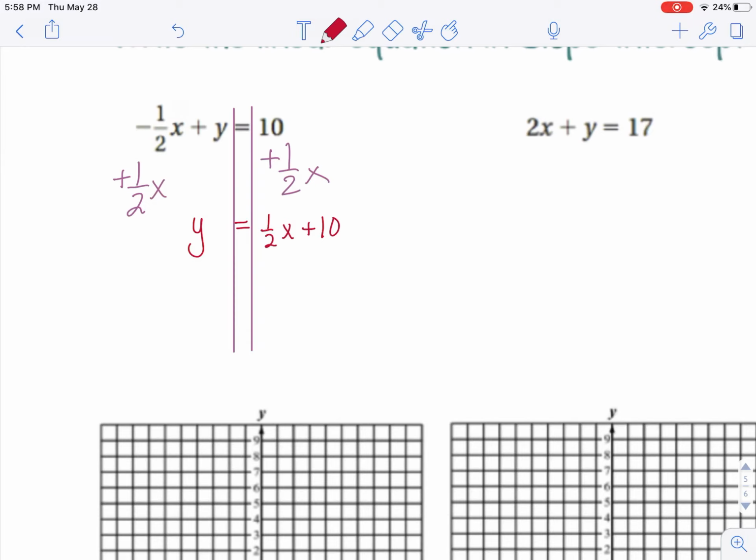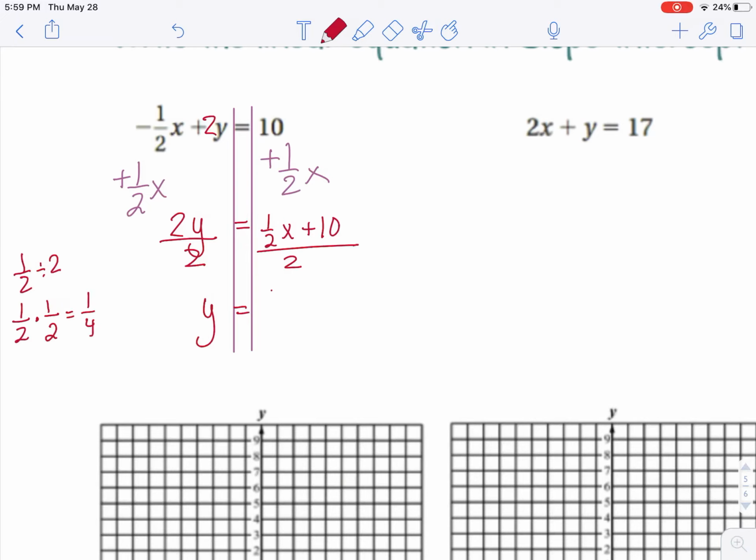Now, let's just say it was 2y. Let's just say there was a 2 here. I would divide by 2, divide everything by 2. I would get y equals, now, 1/2 divided by 2. Remember, with fractions, we actually multiply by the reciprocal. We skip, flip, multiply.